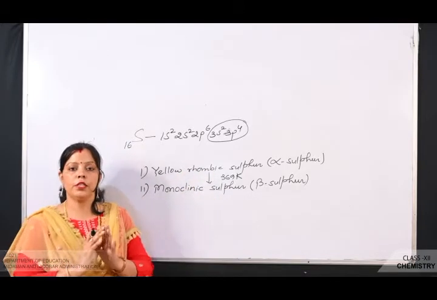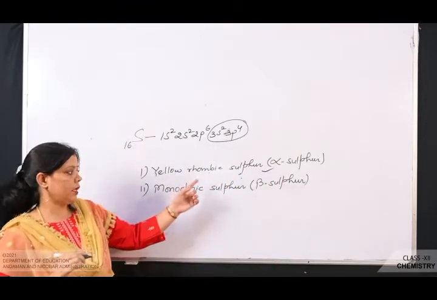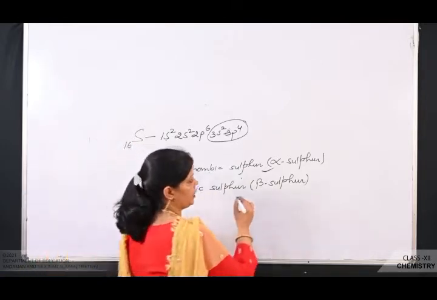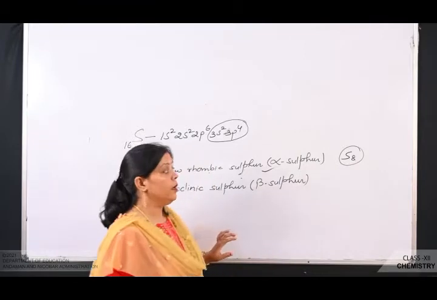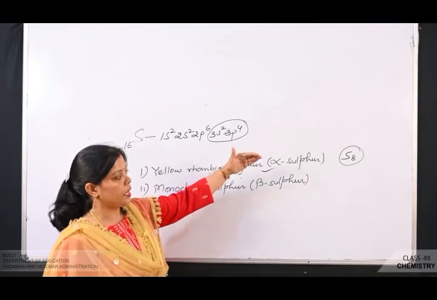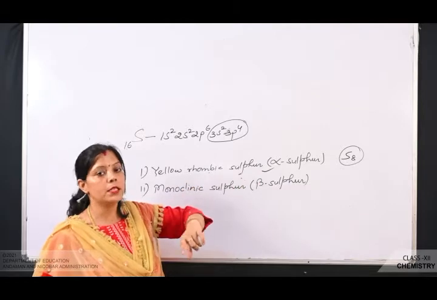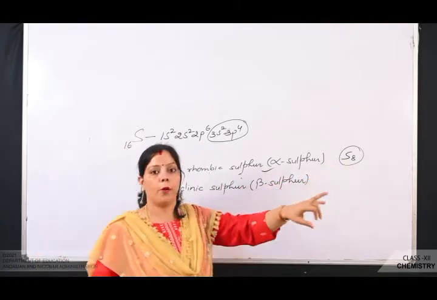So children, first we discuss yellow rhombic sulfur. This allotrope of sulfur is yellow in color with S8 molecules, because I have already discussed in the initial topic of the chapter on group 16 that oxygen is a diatomic gas, whereas the other elements exist in the form of octaatomic solids.